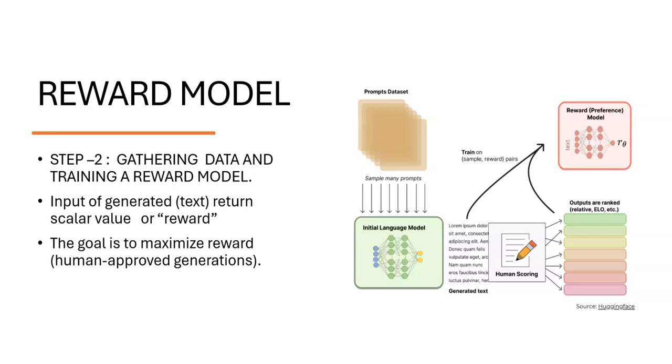Whenever you get a positive outcome, you get a reward, and whenever you get a negative outcome, it is nothing but a punishment. Based on the rewards you got, you should repeat those processes in order to maximize your success. That is the main motto of the reward model.